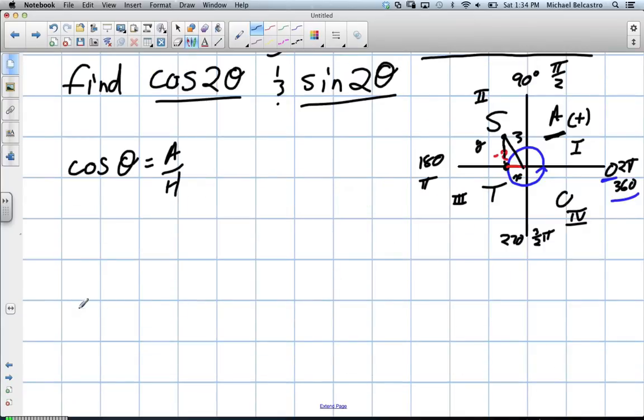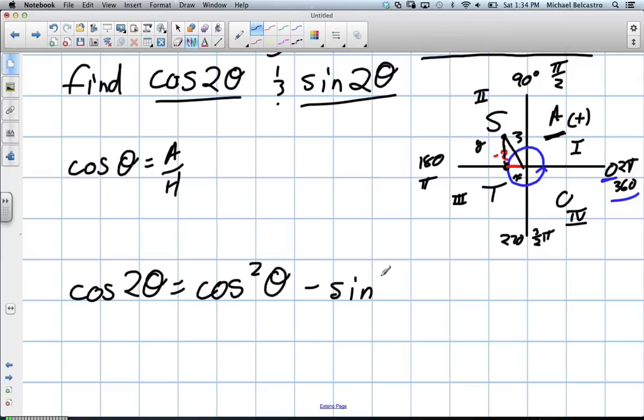Cos 2 theta is equal to cos squared theta minus sine squared theta, from the other page there. Now in order to solve this one, we need a value of cos squared theta and sine squared theta.